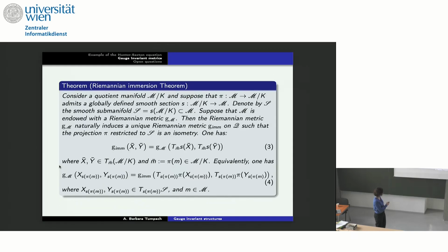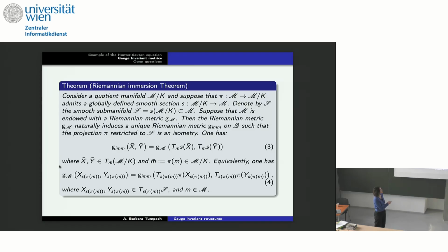I would like to make a connection with other type of theorem to endow a quotient space with a Riemannian metric. So there is a Riemannian immersion theorem. If you have a quotient of a manifold by a group and you are lucky in the sense that there is a globally defined section of the fiber bundle, then this section, if it's a smooth section, will define a submanifold in the total space.